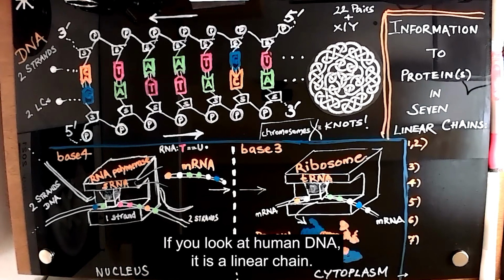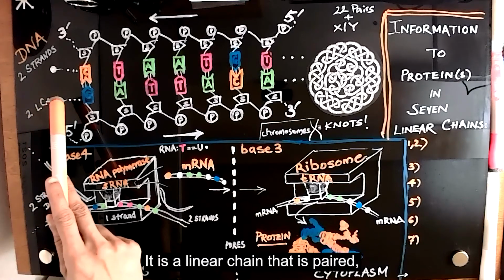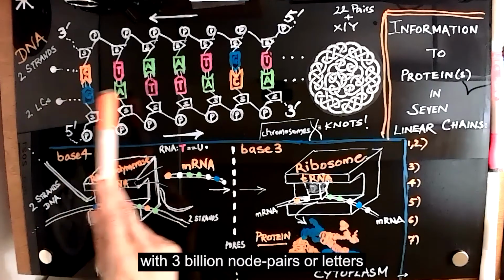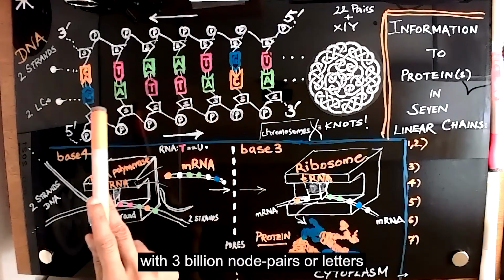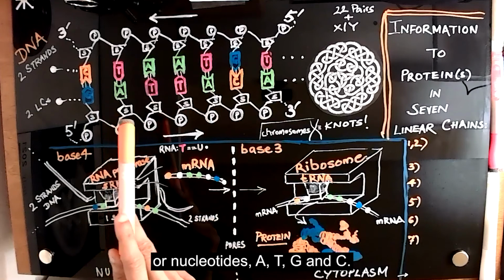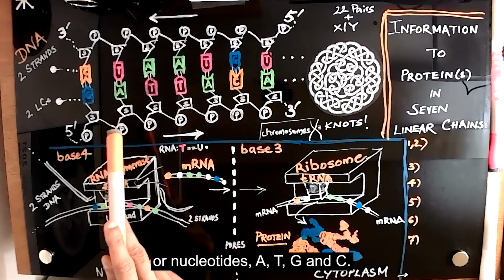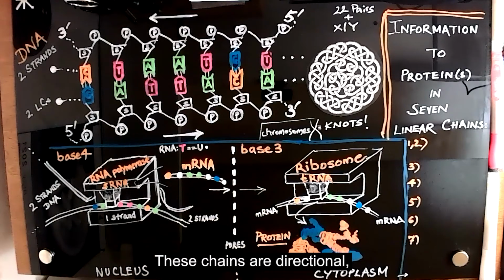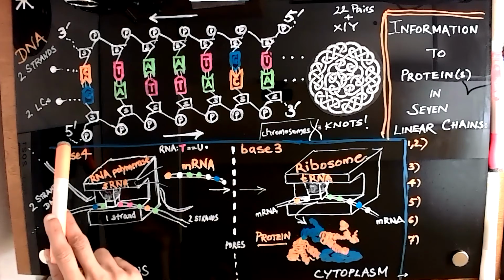If you look at human DNA, it is a linear chain. It is a linear chain that is paired with 3 billion node pairs or letters or nucleotides, A, T, G, and C. These chains are directional.